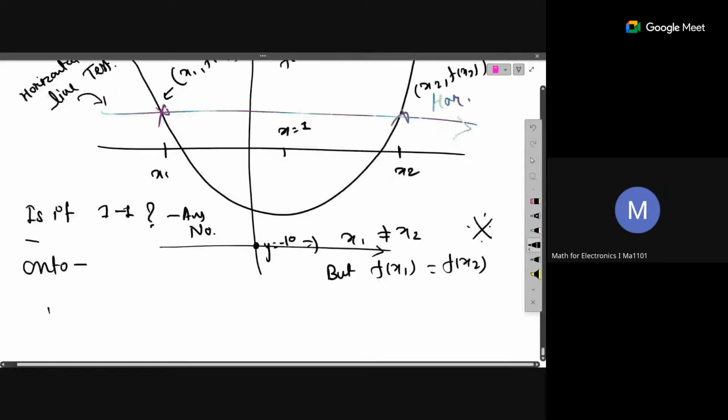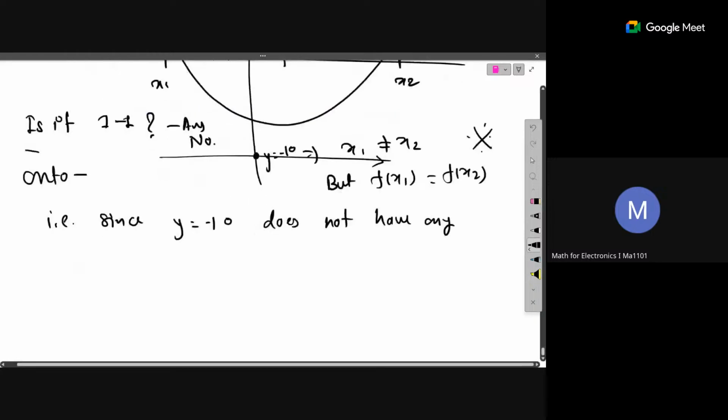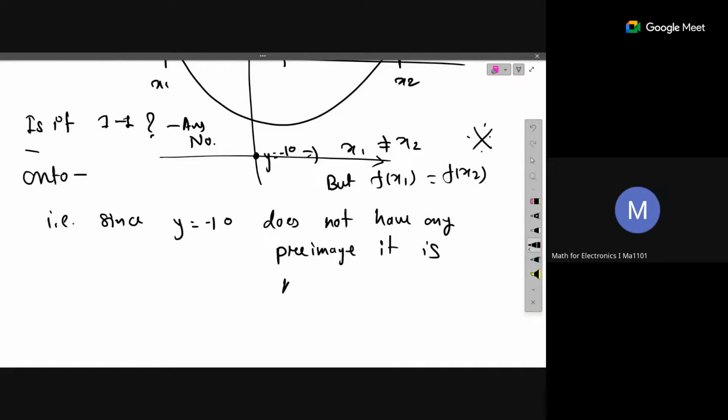So that means, since y equal to minus 10 does not have any pre-image, it is not a 1-1 function.